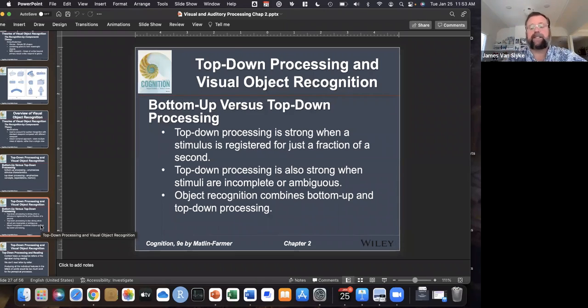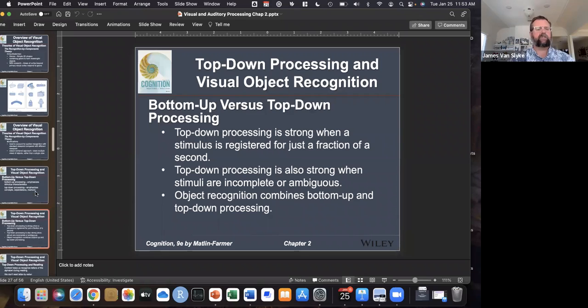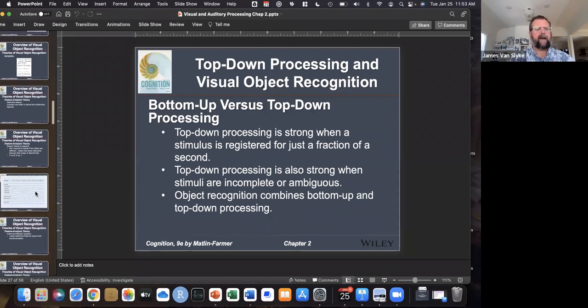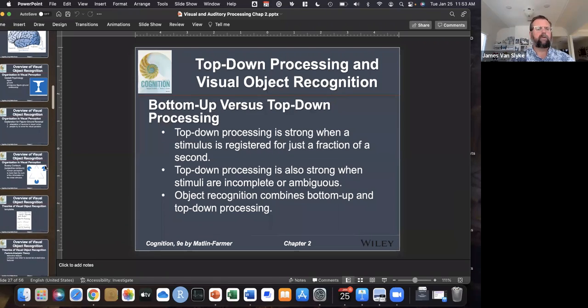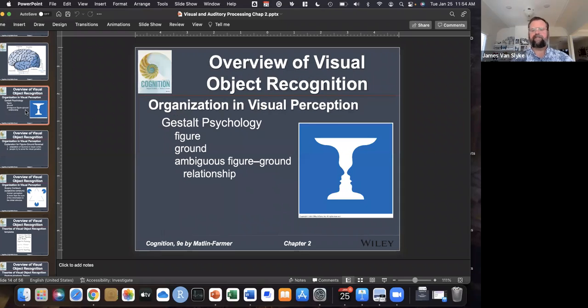The top-down processing is also strong when stimuli are either incomplete or ambiguous. And that's probably what's happening if we go back to the face and vases example.